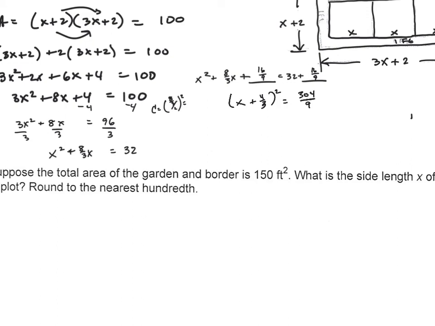Now when I take the square root of that, I should be getting x plus 4 over 3 equals plus or minus the square root of 304 over 9, which we can put into a calculator, and it tells me that that is approximately 5.81.